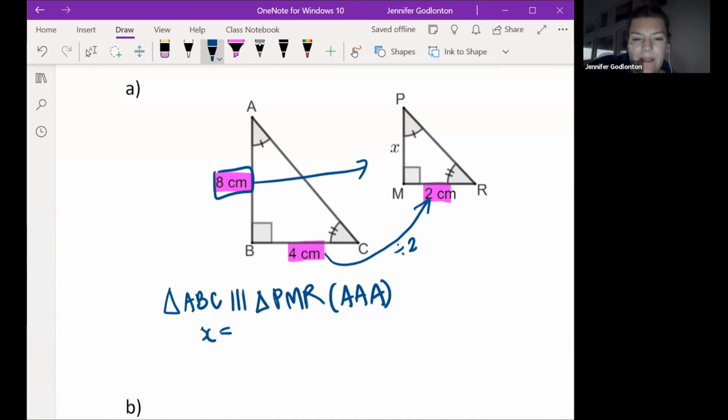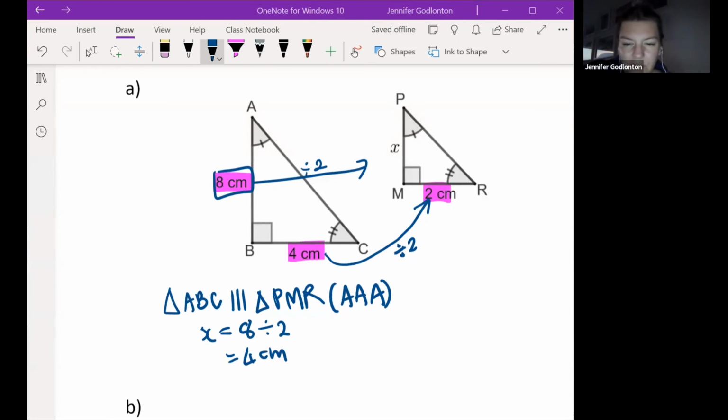X will multiply 8 by 2. Careful. We said 4 divided by 2, so we have to do the same thing. 8 divided by 2, which gives us 4 centimeters. Nice. Whatever we do to the one side, we have to do to the other side. Because we divided the 4 by 2 to get to 2, we have to divide the 8 by 2 to get to 4.